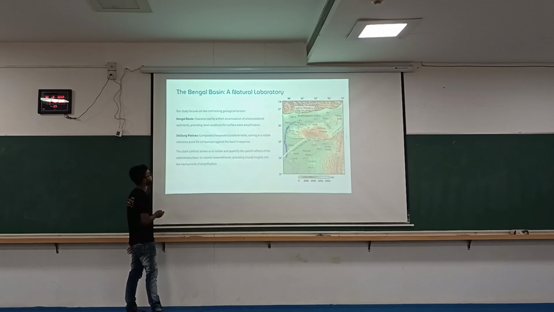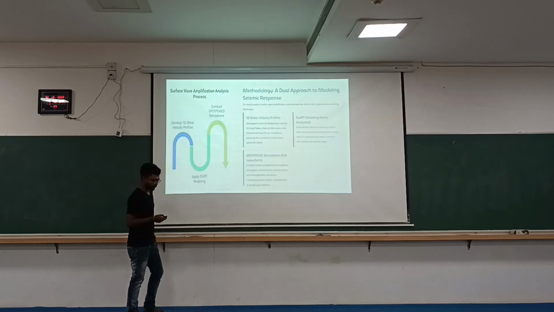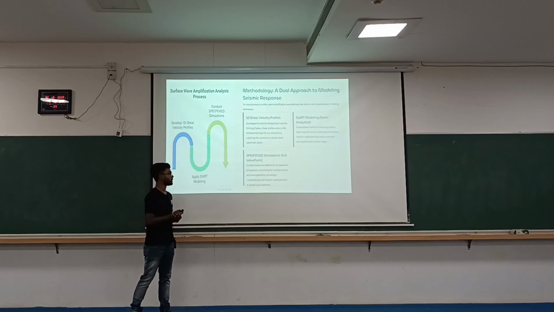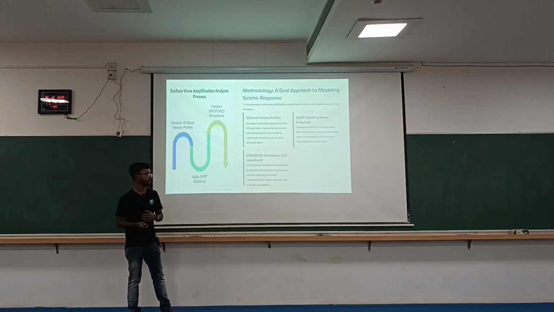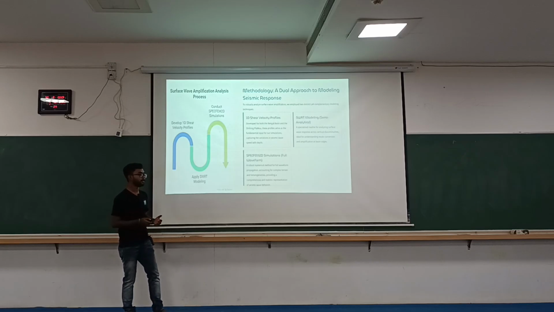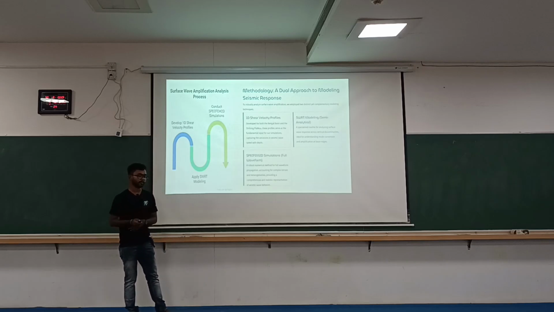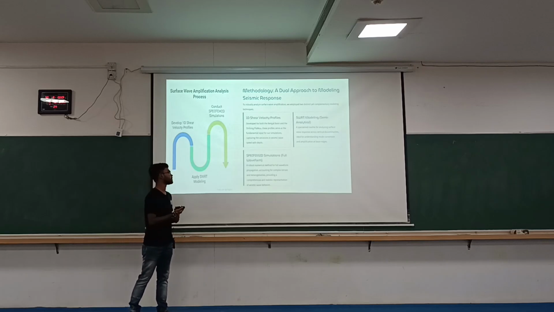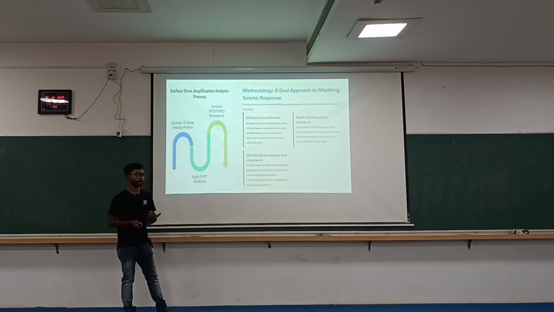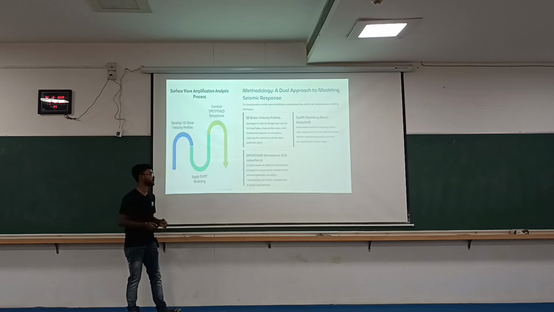So coming to the next. My main methodology to verify whether there is any amplification or not is a very simple 1D velocity model which varies with depth. For various depths, the velocity of the S wave and P wave and the density vary.